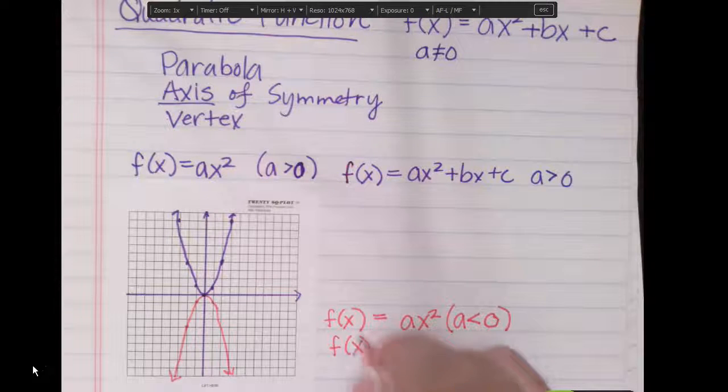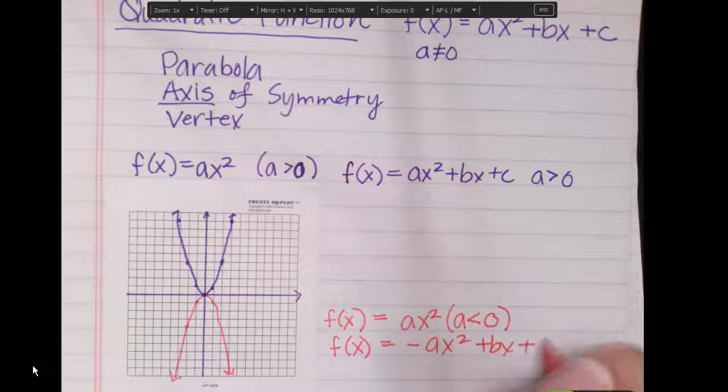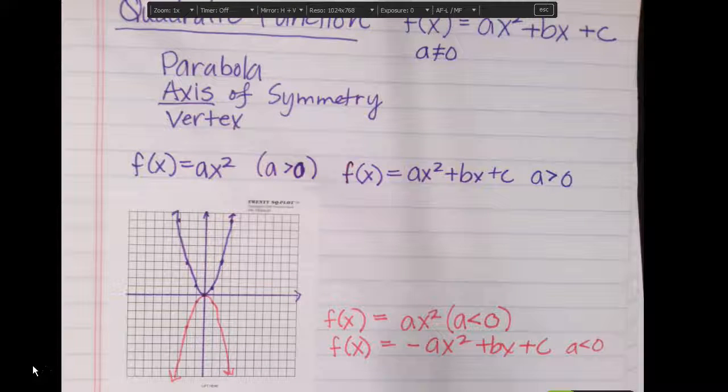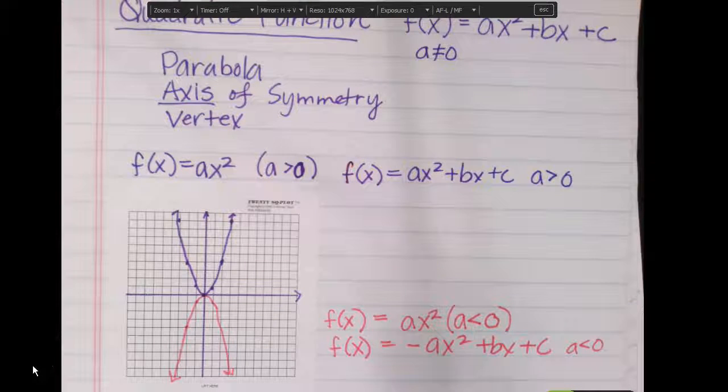And here, if we have f of x equals negative ax squared plus bx plus c, as long as a is less than 0, then we still have, on our leading coefficient, a downward opening parabola. So let's talk about shrinks and stretches. So do I want to use my same set of graphs? Yes, because I don't have all that much room.